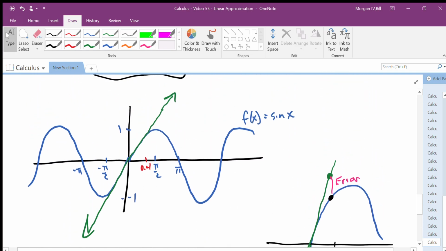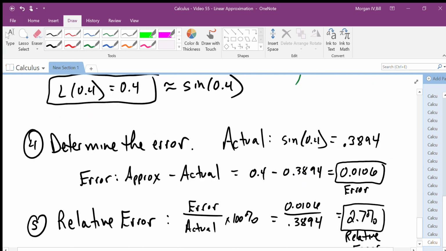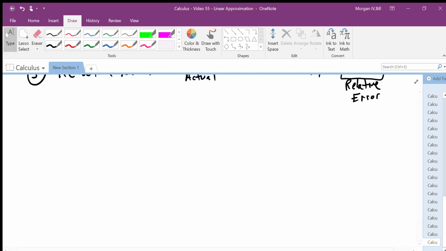I tried to make a drawing here of sin of x, the curve sin of x, and the lines. I didn't ever label this. This was L of x is equal to x. I went ahead and did this on Desmos, and I think I can paste it in here for you guys to see it.